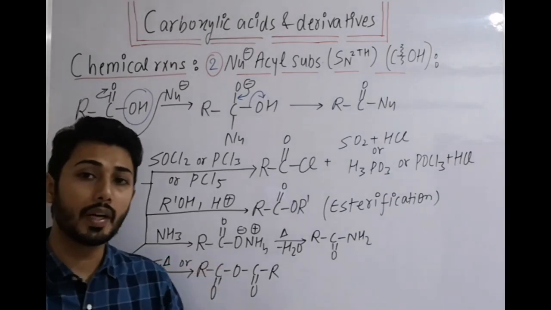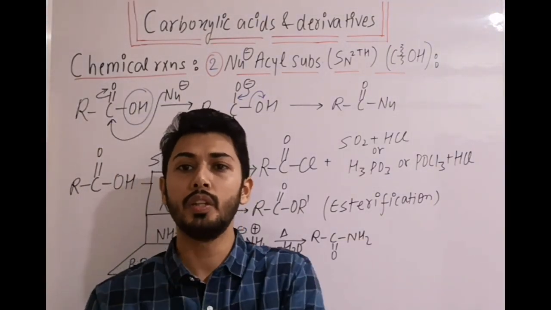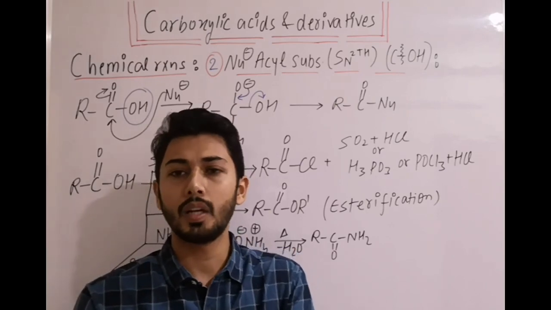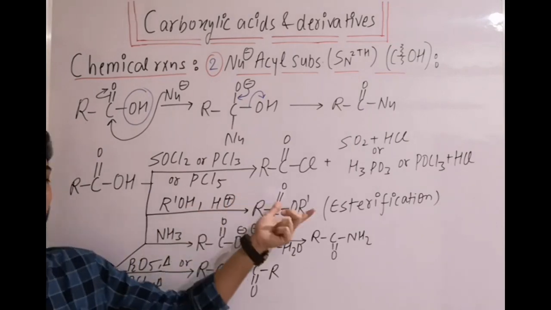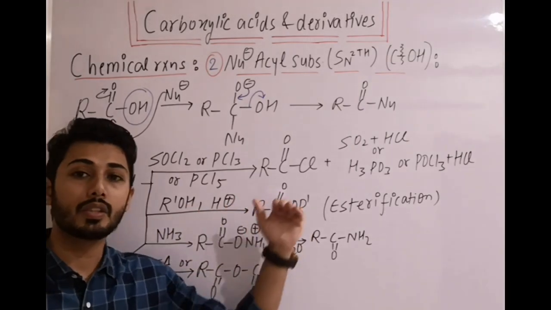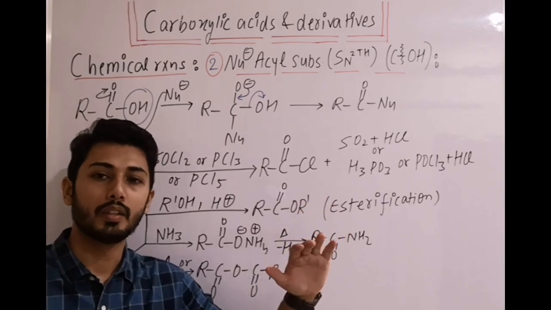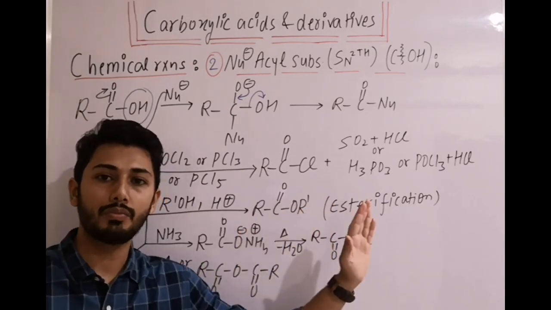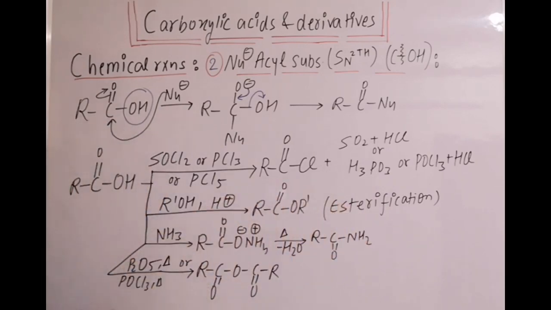If you remember, we have done points like: as steric hindrance increases, the rate of reaction decreases. Remember, it is an equilibrium reaction. To increase the product side, we take excess of acid, or we keep on removing water, so that the equilibrium shifts in the forward direction. It is better if you revise this reaction from alcohols.